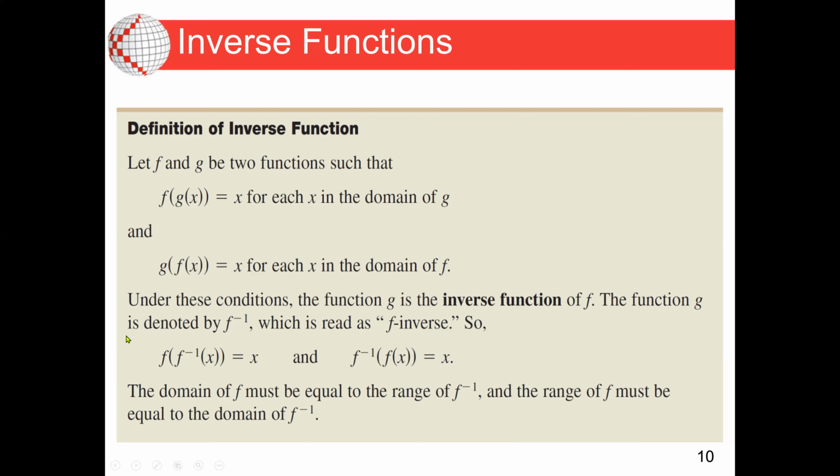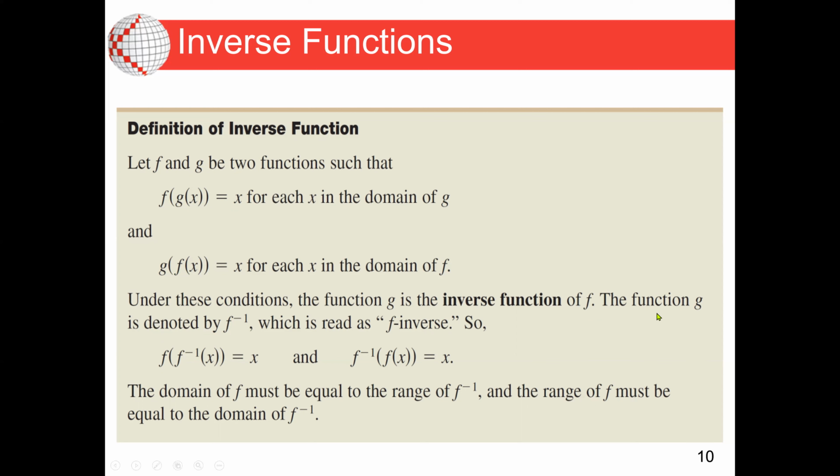Now, under this condition, the function g is the inverse of f, because we have g of x as the input to f, and f of x is the input to g. So this means the function g will be the inverse of f.